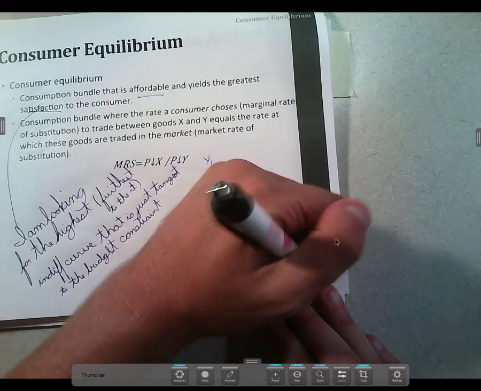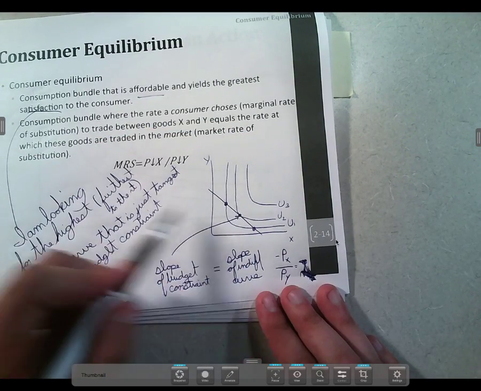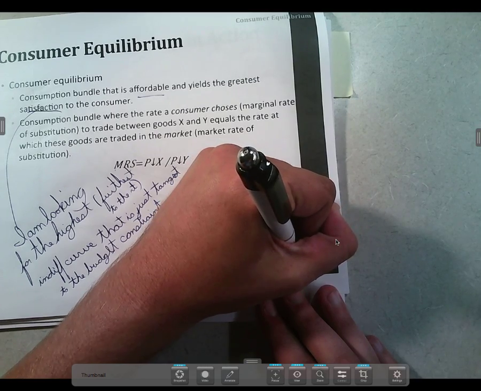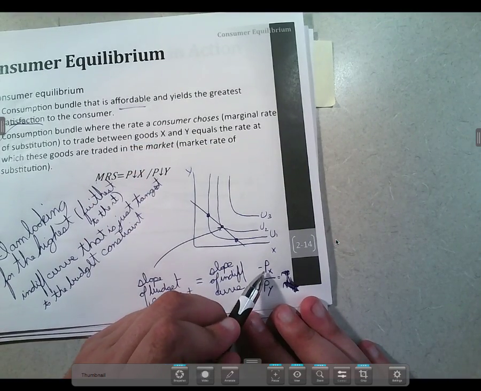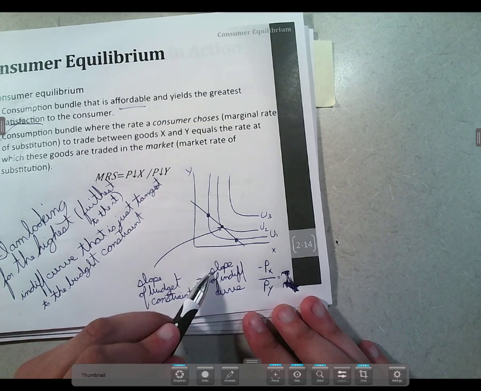I shouldn't write this because I'm saying marginal rate of substitution. Here they're saying market rate of substitution. That the slope of the budget constraint is equal to the slope of the indifference curve.